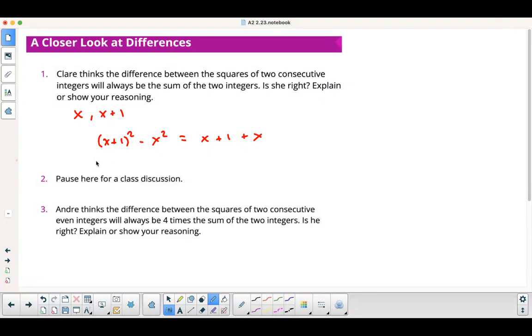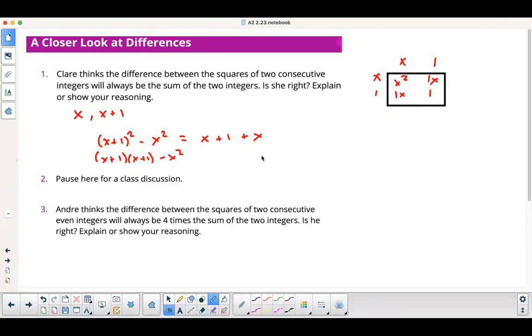So x plus 1 squared is really, remember, x plus 1 times x plus 1. So if I wanted to make a box here to multiply that, you get x squared, 1x, 1x, and 1.